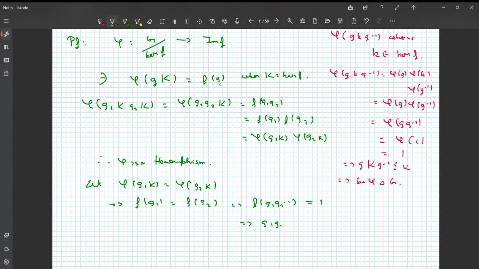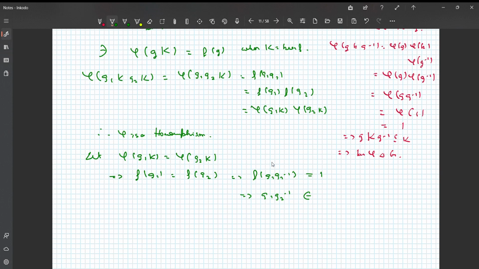So that implies G1 G2 inverse is in the kernel of F, right? Clear? No, let us not proceed like this. This won't give us much. Let's prove it in this way.